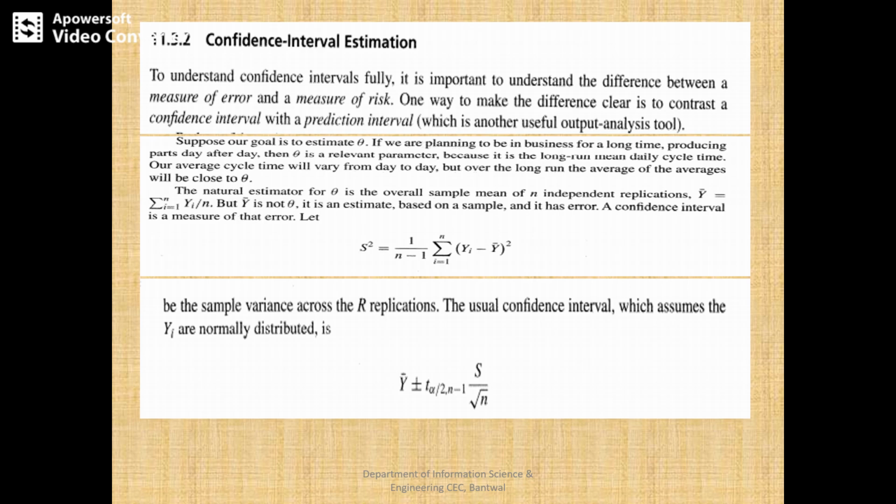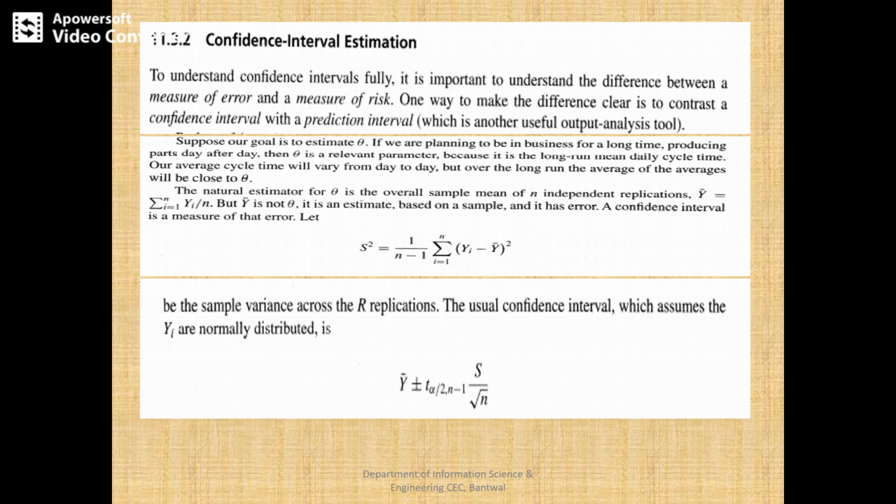In summary, the prediction interval is a measure of risk, and the confidence interval is a measure of error.